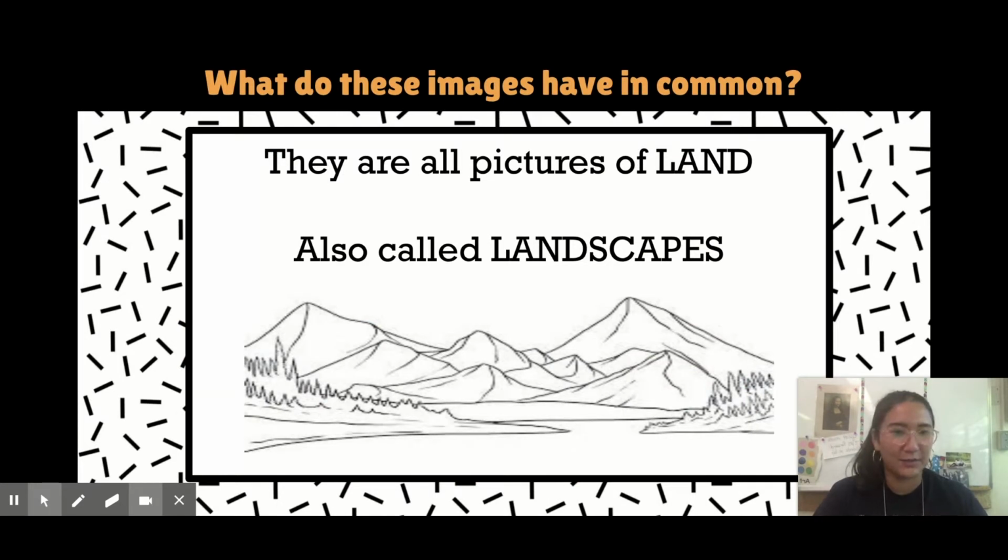If you notice that they're all pictures of land, you were correct. They're also called landscapes. And since the word land is in the word landscape, that can kind of help us to remember that a landscape is just a picture of land.